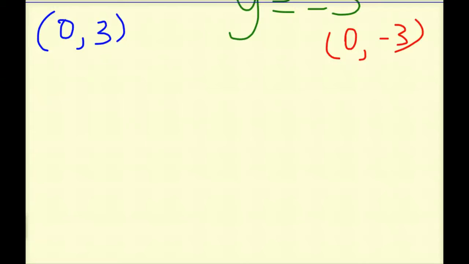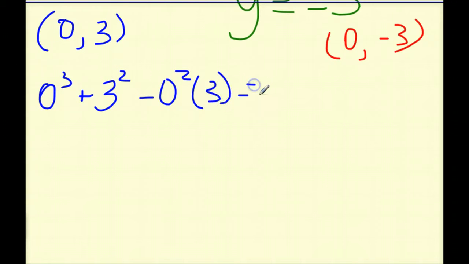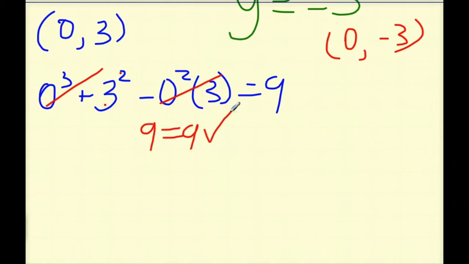So let's check it with the blue one. I get 0 cubed plus 3 squared minus 0 squared times 3 is equal to 9. This and this cancel, and 3 squared is equal to 9, which is equal to 9. So I know this one is correct. I can check it with this problem now.